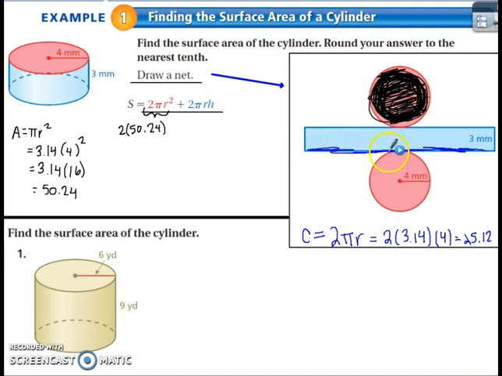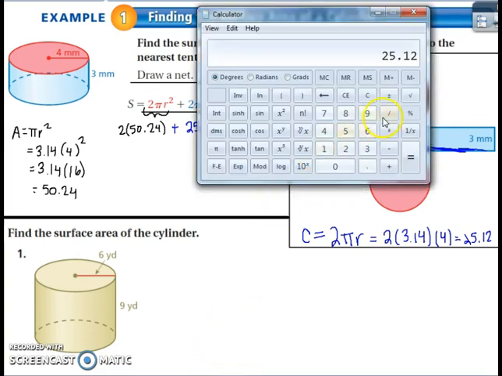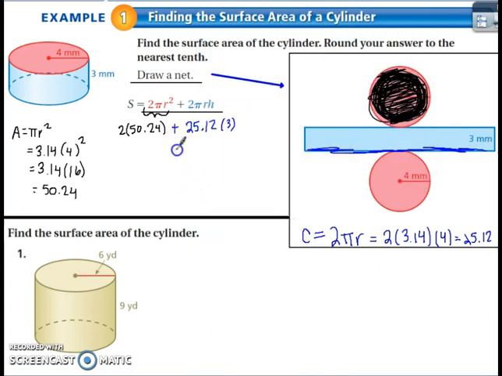So that means the length of this rectangle is 25.12. So if I want the area of this rectangle, I need to multiply length times width. So 25.12 for my length multiplied by 3 for my width is going to give me the area of that rectangle. So multiplying by 3, I find that my area is 75.36.